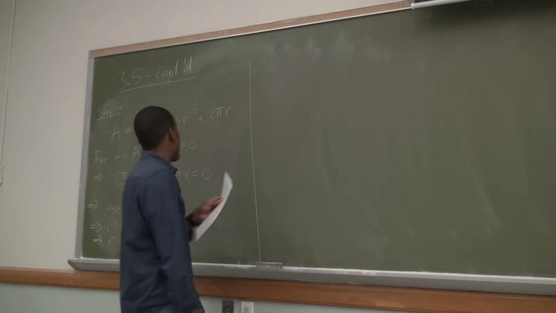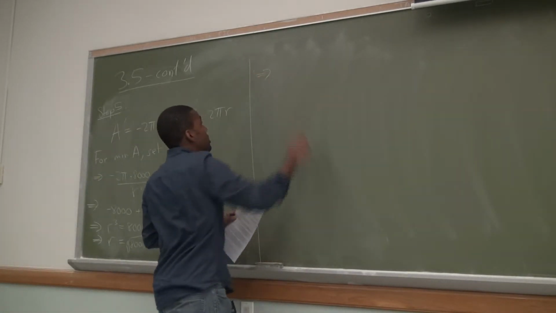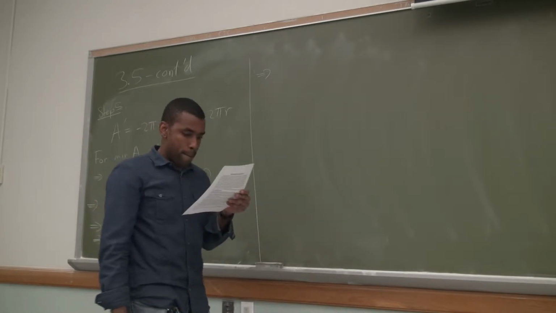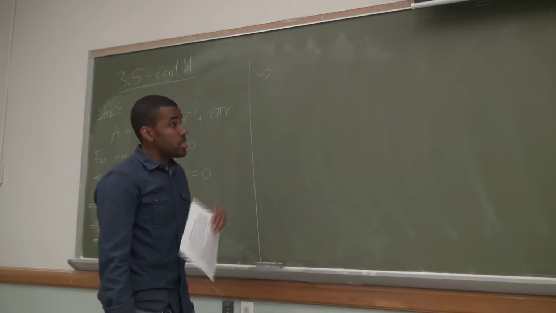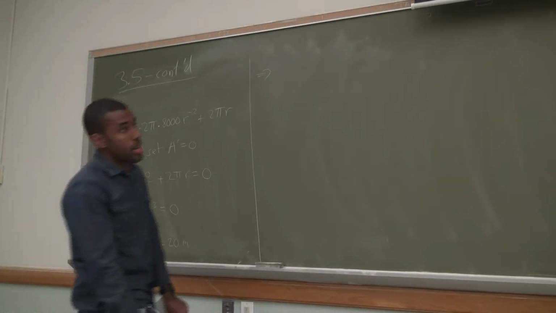Okay, so now where are we? We know R equals 20. This means find the dimension. We want to find the radius and the height. We know the radius, so now we get to the height.